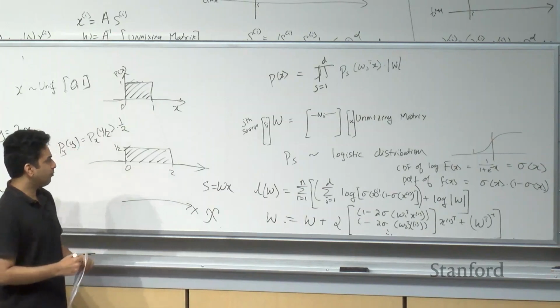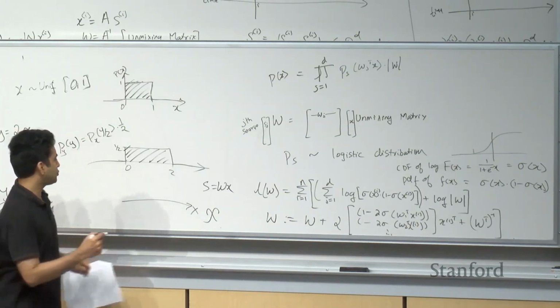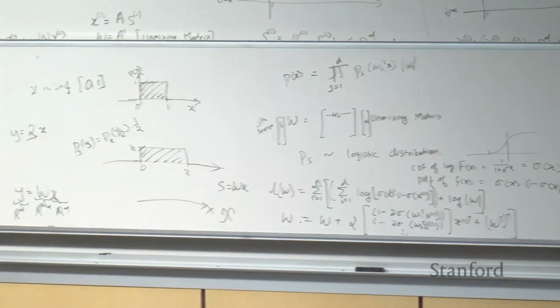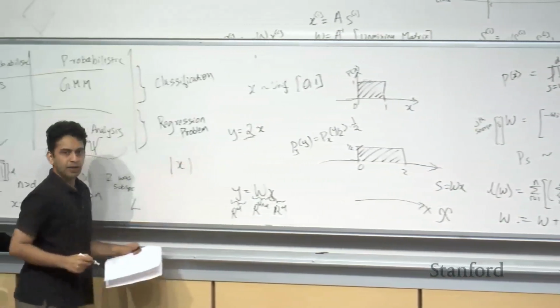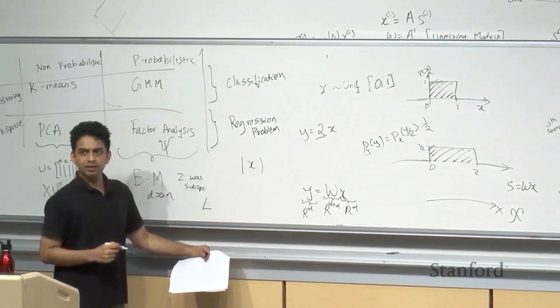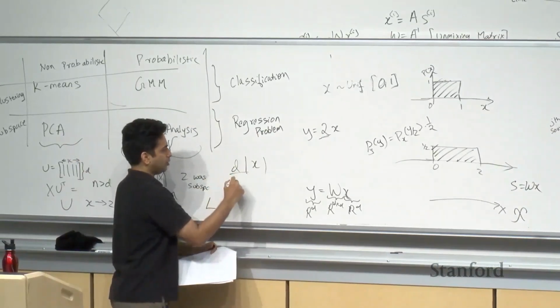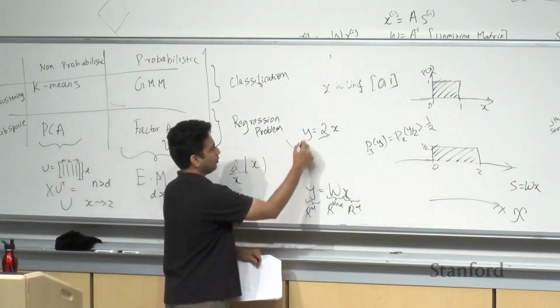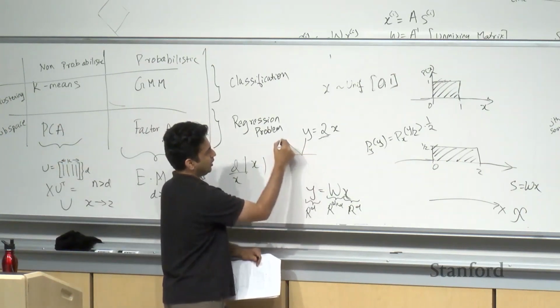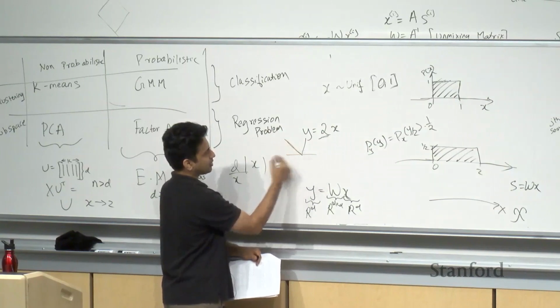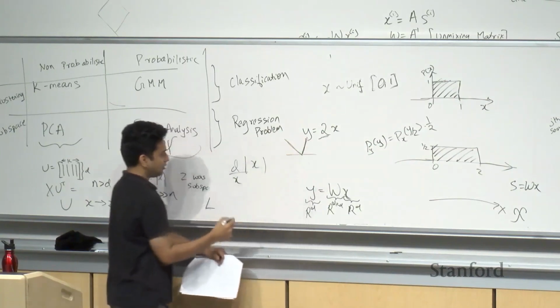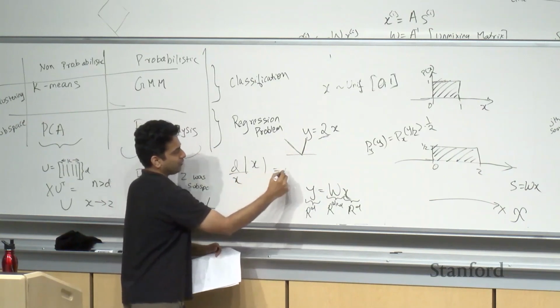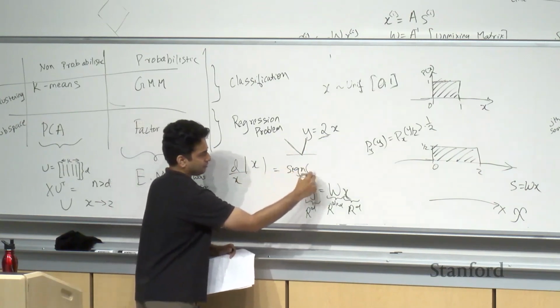And one final tip for your homework: in the Laplace distribution, you will encounter the absolute value of x, and you'll have to differentiate it, right? And what's d by dx of the absolute value of x? It's a split. So the absolute value of x looks like this, right? So it has slope -1 when it's negative and slope +1 when it's positive. So d by dx of the absolute value of x is just the sign of x, right?